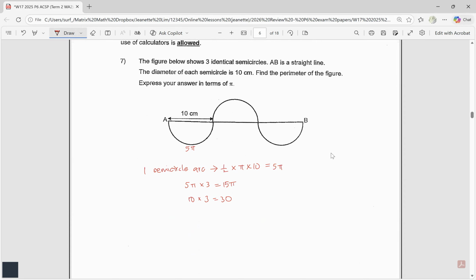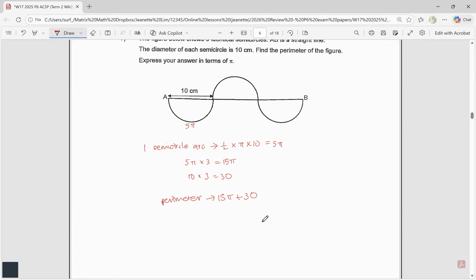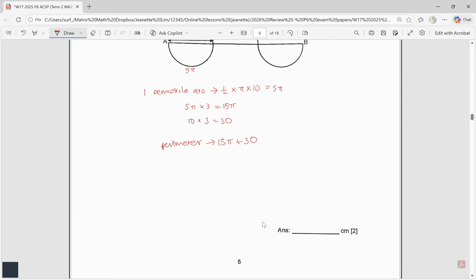So the total perimeter would be 15 pi plus 30, okay? So that's the answer. Because the whole thing is in cm, I'll put cm.